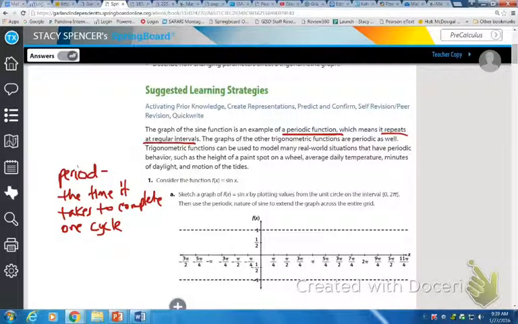So the period is the time it takes to complete one cycle. And I know the video was pretty quick, but if you were watching closely, you saw that they were changing the periods. They had the piston that was going really fast, and then they slowed it down. They were affecting the period of it, so how long it takes to complete that one cycle. Okay?